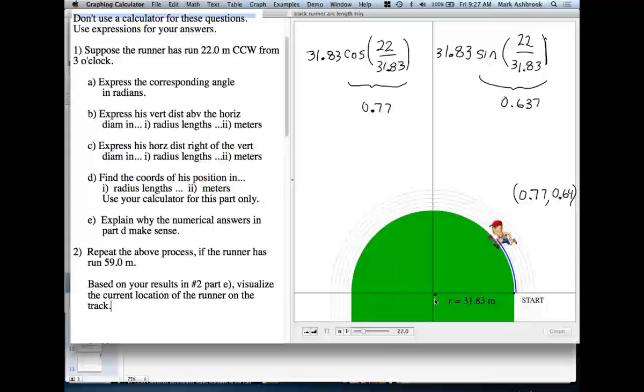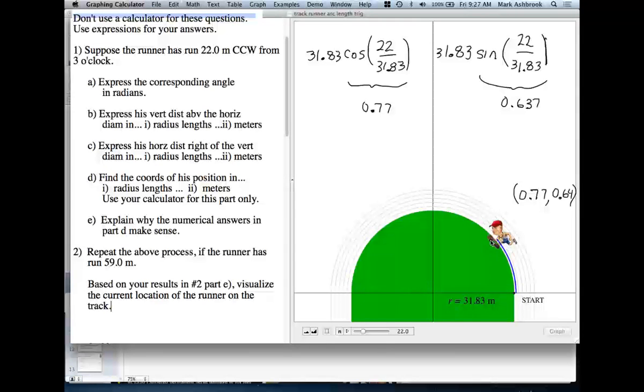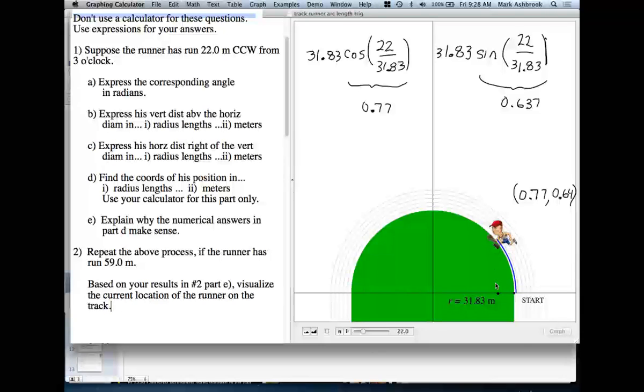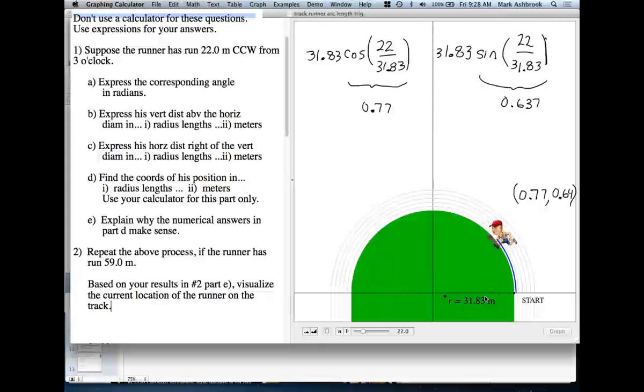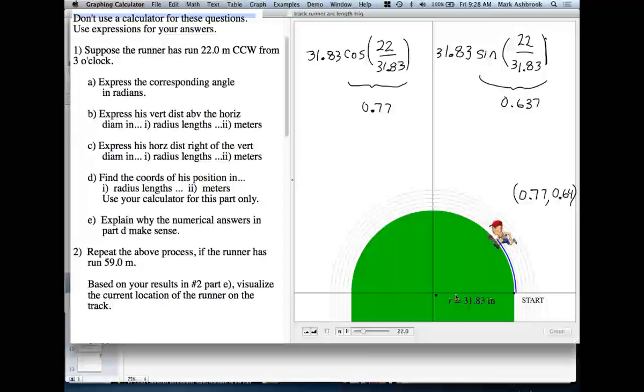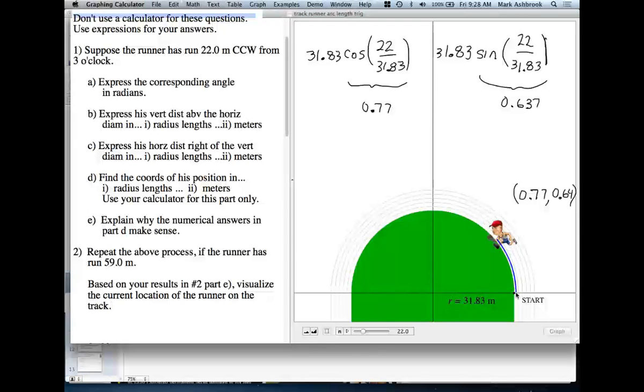But it's closer to 1 than 0. Good. So he's saying it's pretty close to the midpoint, which would be a half, but it's a little bit further than halfway up. 0.77, same thing. It's a little more than 3/4 of the way from 0 to 1 in terms of the x-coordinate.